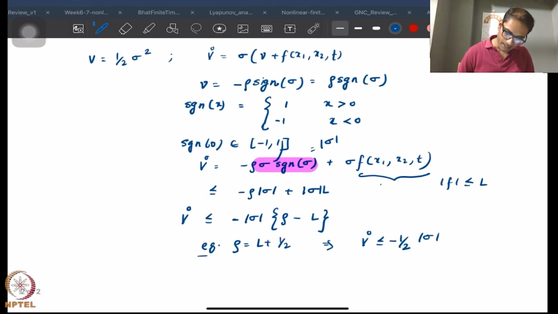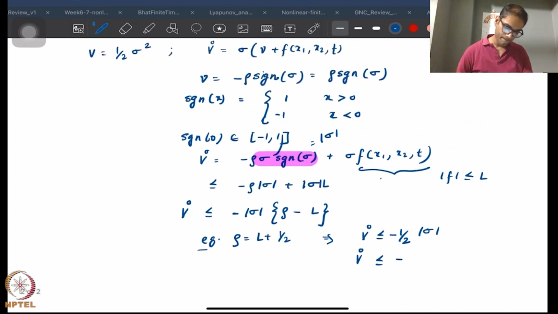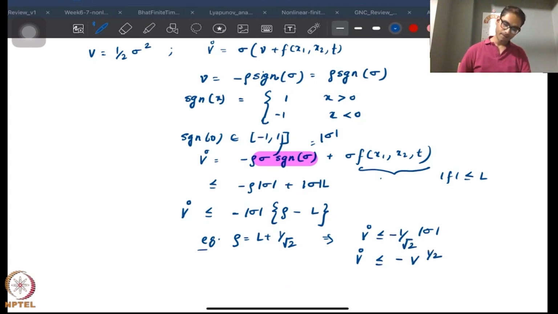And that's basically saying that v dot is less than or equal to minus, let's be careful here, 1 over root 2 and 1 over root 2, and this is minus v to the power half, right?